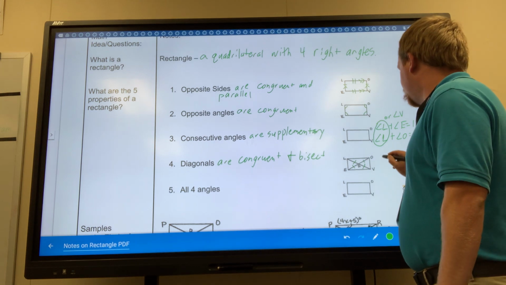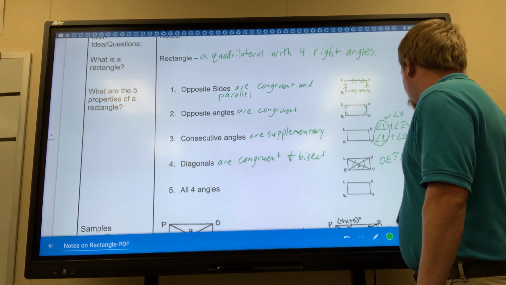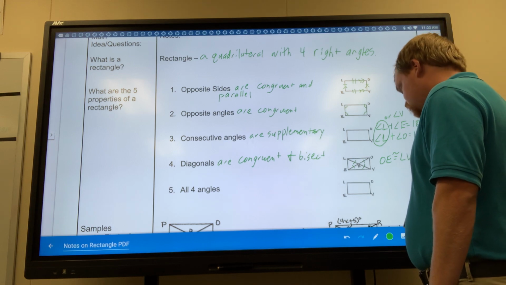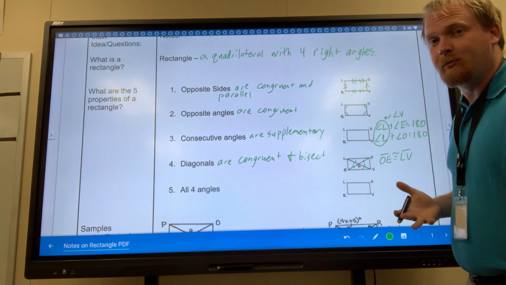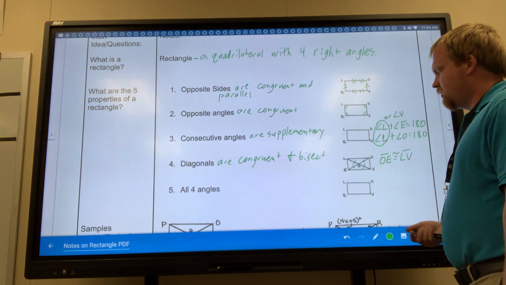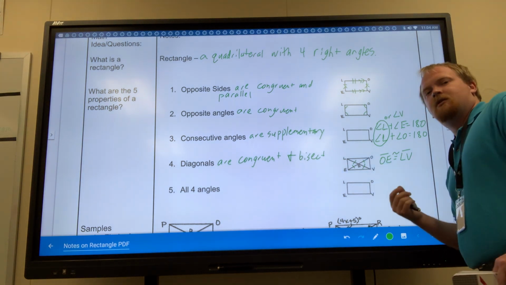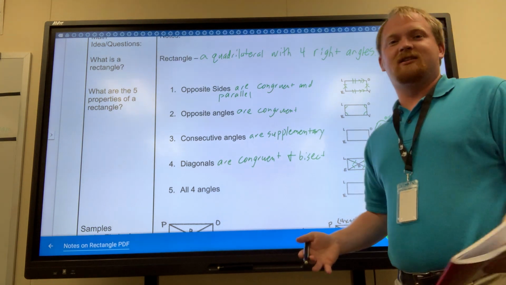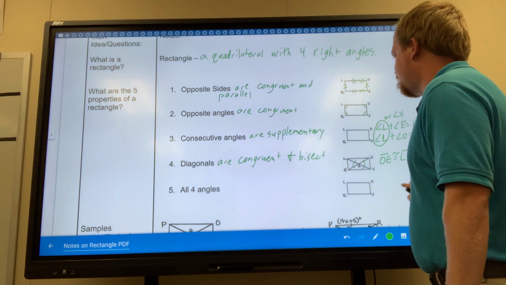So for example, OE is congruent to LV. That's what we're basically saying. We're saying that E to O is congruent to LV. For the parallelogram, that's not necessarily the case.